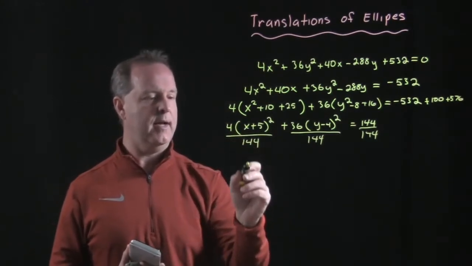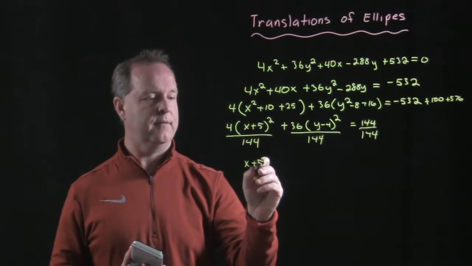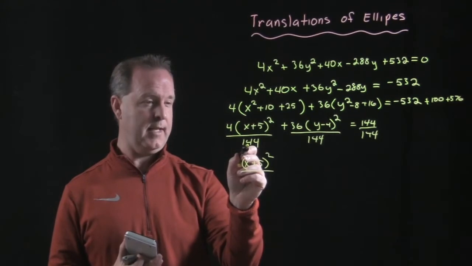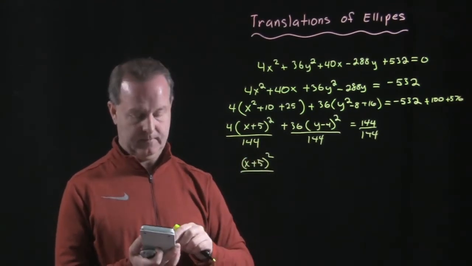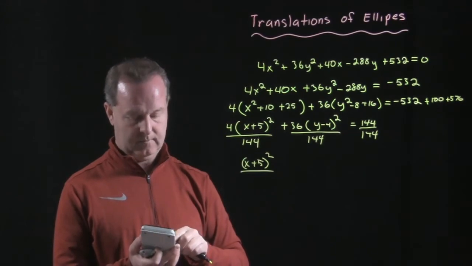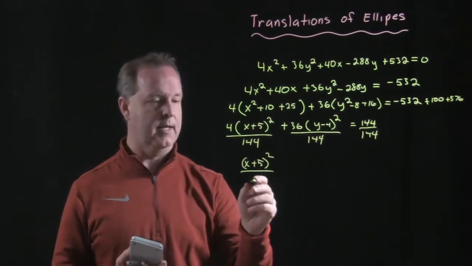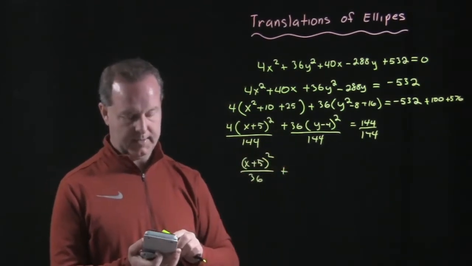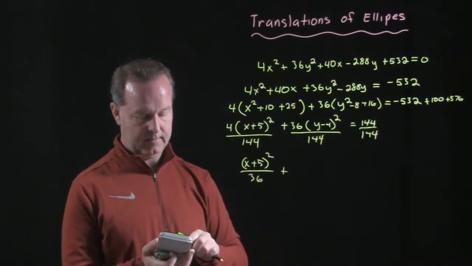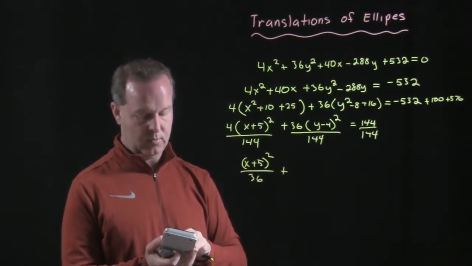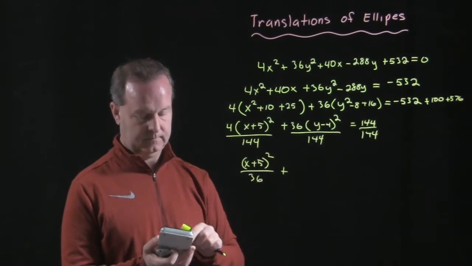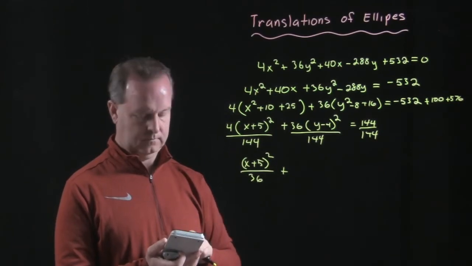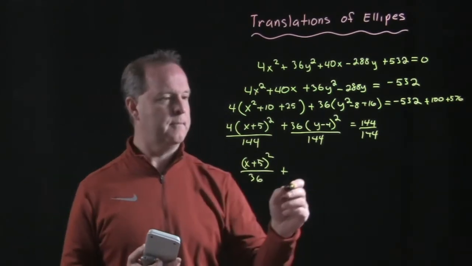All right, to reduce this down, I'll have an x plus 5 squared, and 144 goes into 36, 4 times.